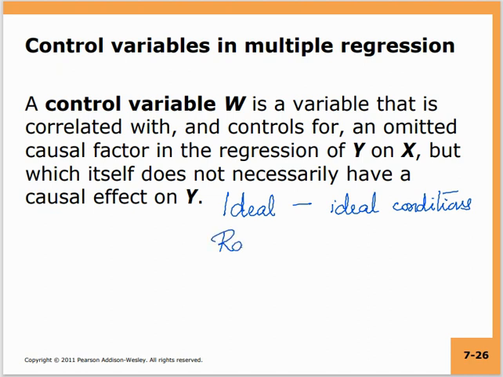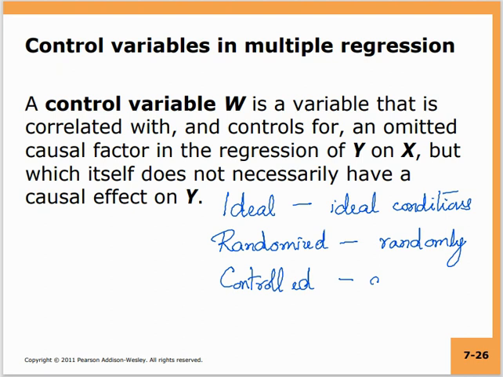Ideal randomized: the entities that have been assigned to the test and the control groups have been assigned completely randomly. Ideal randomized controlled experiment: all other factors that could possibly affect the variable of interest have been controlled for.